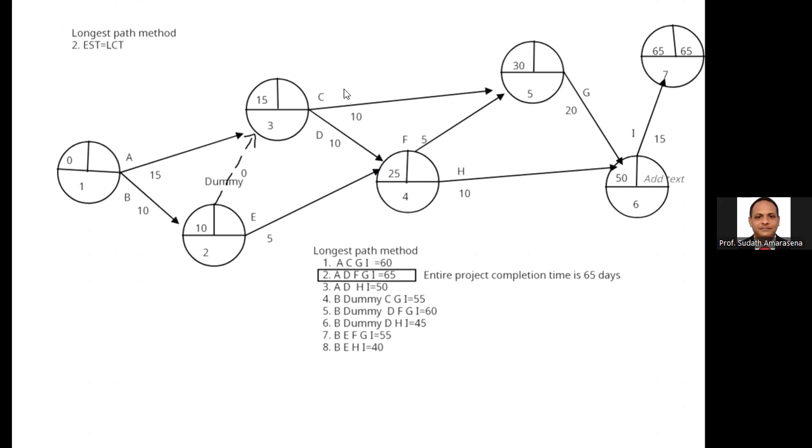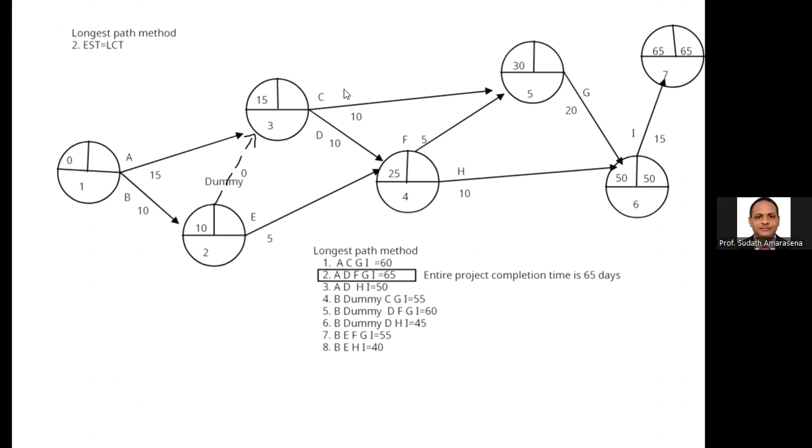When calculating the earliest starting time, add and select the highest value. When calculating the latest completion time, subtract and select the least value. Why the least value? Sometimes we see two paths backward. Then we compare both and select the least value.